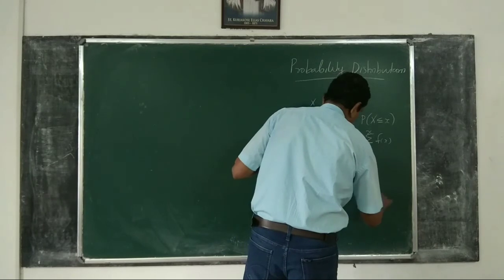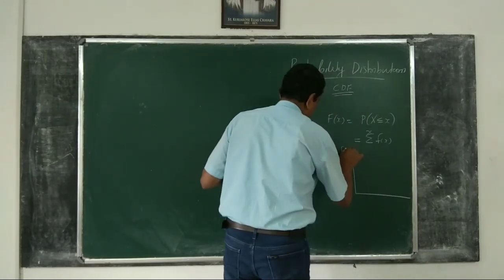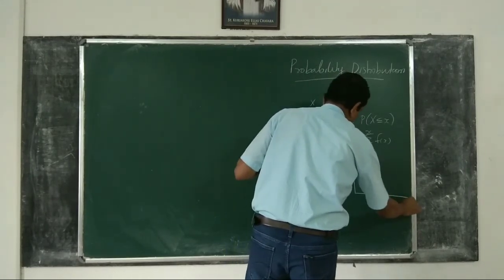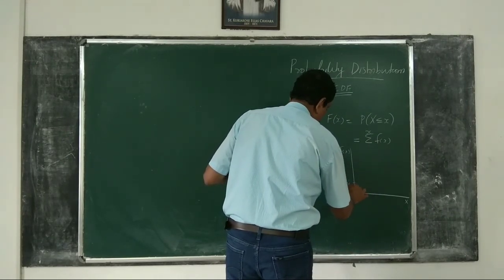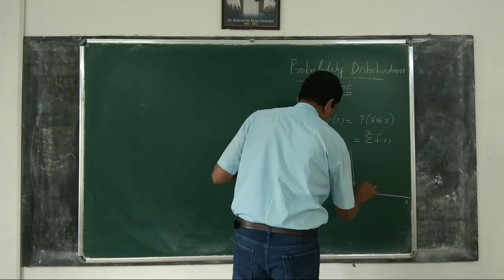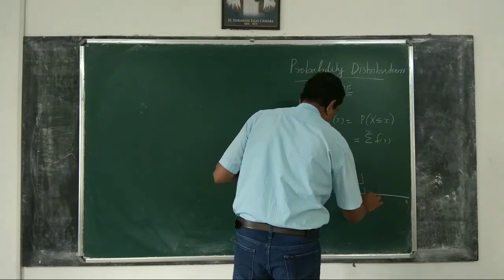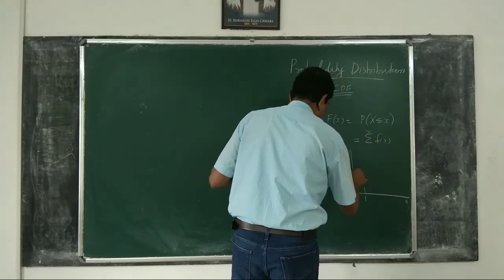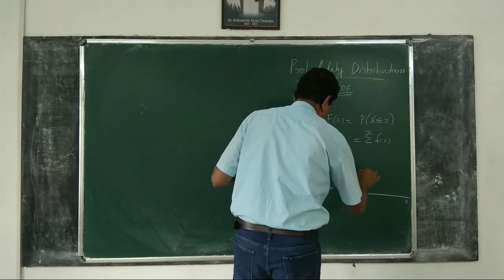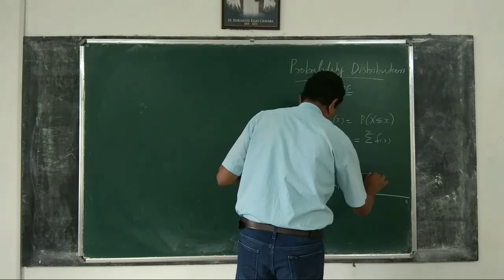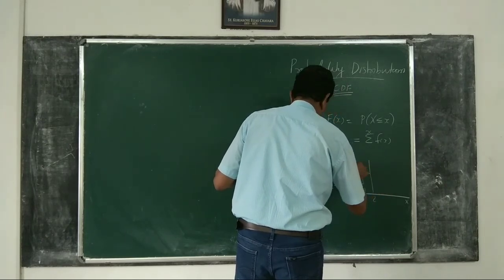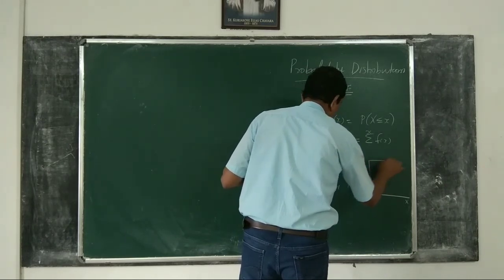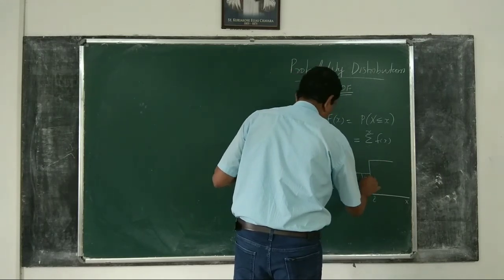Then in the form of a graph, F(x) against x, when the value is 0, it is 1 by 4, then when it is 1, it is 3 by 4, then when it is 2, it is 1. It is like this. This is 1 by 2, this is 1 by 4.